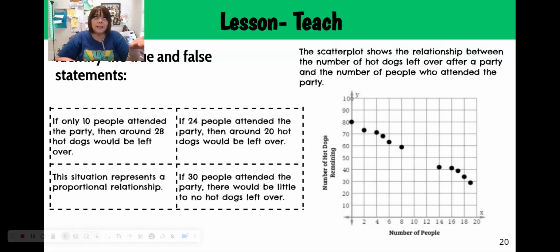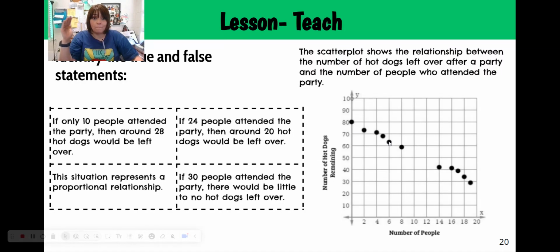Since you've already talked about the trends in the data or the correlations, like how the 2 variables are related, I could see that the dots start kind of high. So that means when there's a low number of people, there's more hot dogs left over after the party.